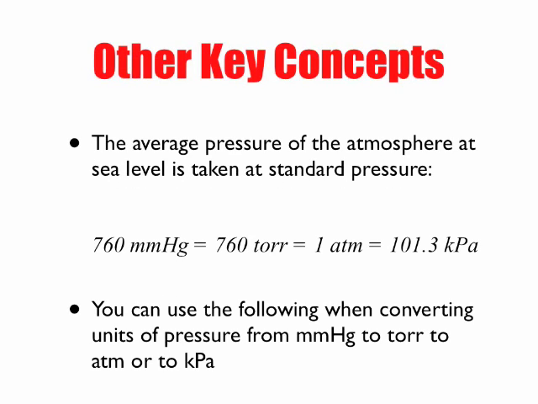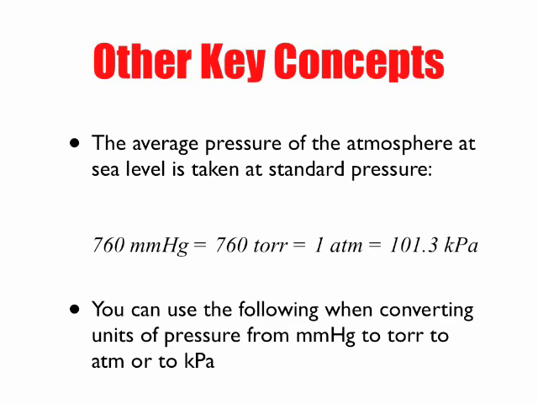Other key concepts to keep in mind throughout the following videos: the average pressure of the atmosphere at sea level is taken as what we call a standard pressure, which happens to be 760 millimeters of mercury, which is equivalent to 760 torr, which is equivalent to 1 atmosphere, which is equivalent to 101.3 kilopascals.